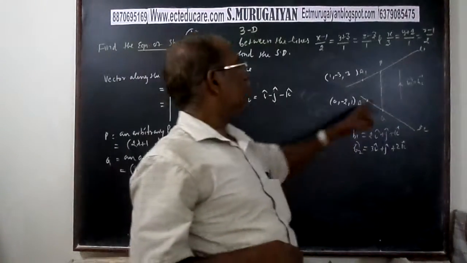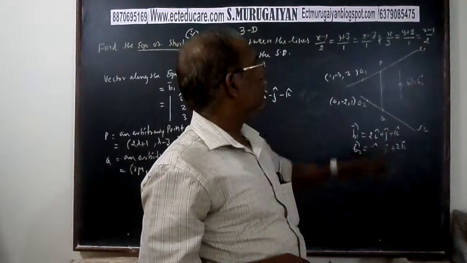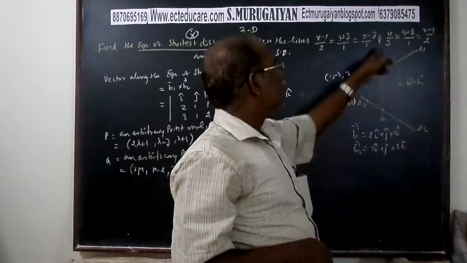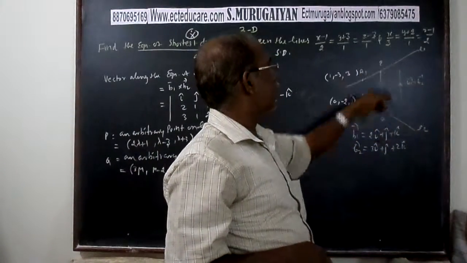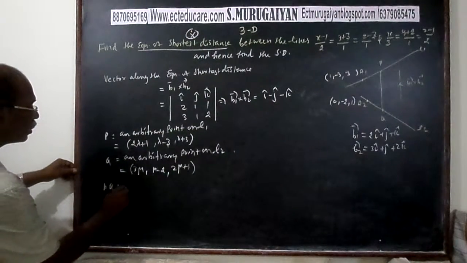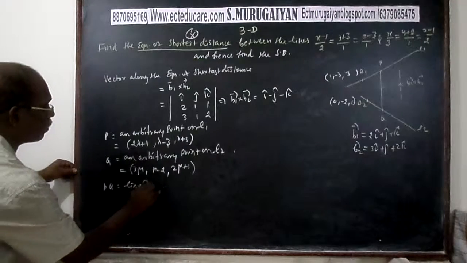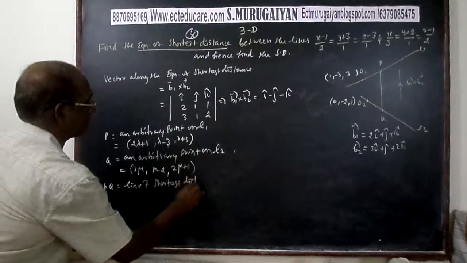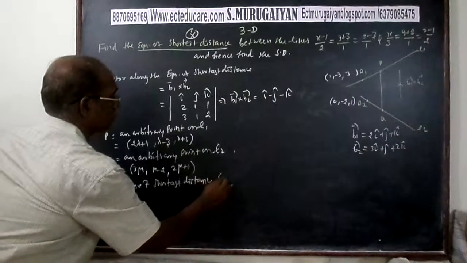Okay. Now using the coordinates of P and Q, we can find the direction ratio of the line of shortest distance, that is PQ. This is our assumption.